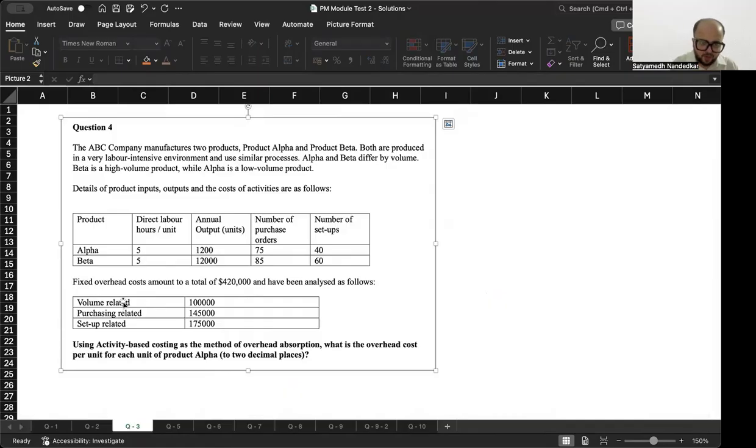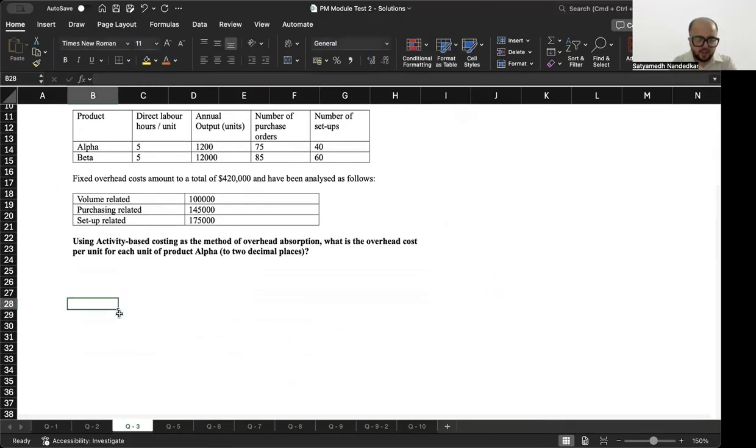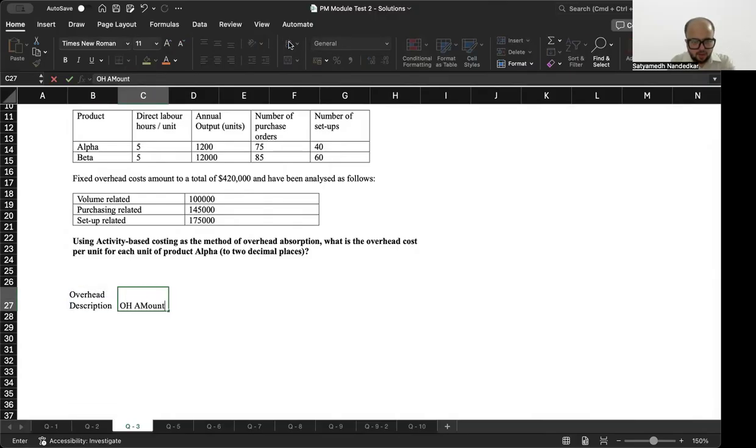You have volume related overheads, you have purchasing related overheads, you have setup related overheads. Okay. So I will call this overhead description. Then overhead amount.